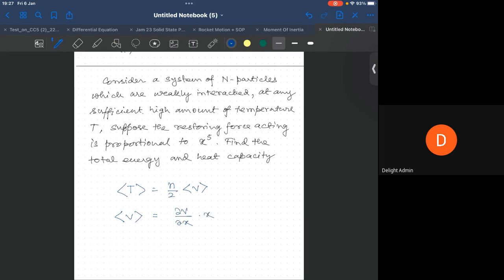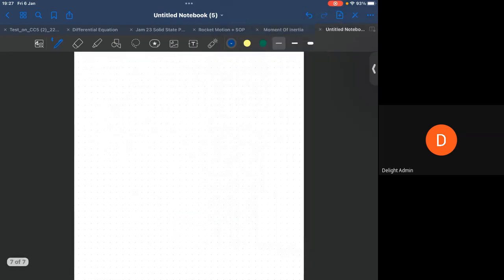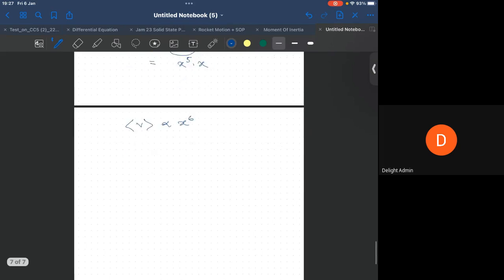The force del V del x is proportional to x to the power 5, so x to the power 5 dot x. So the average of V is proportional to x to the power 6. So n here is 6, and expectation of T is 6 by 2 expectation of V, that is 3 expectation of V.